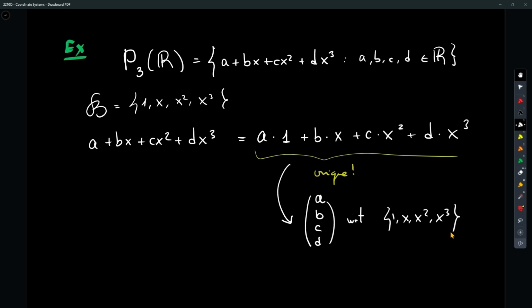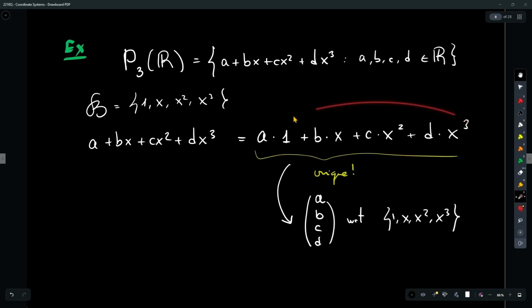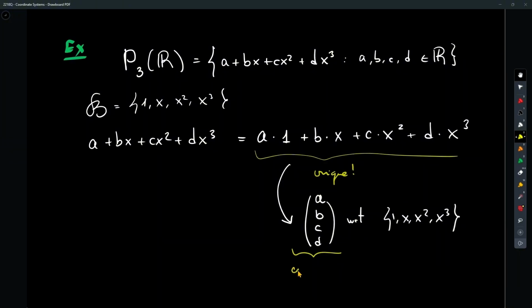So I'm going to translate expressions in polynomials, which are hard to work with, into vectors that I can work with. So these are the coordinates of the polynomial, if this is the polynomial p of x, with respect to that basis.